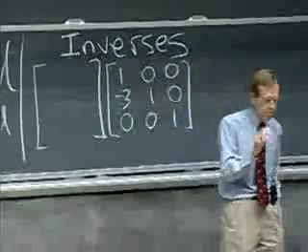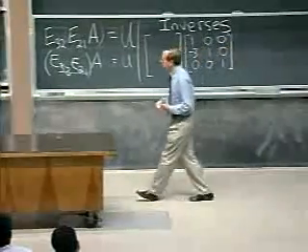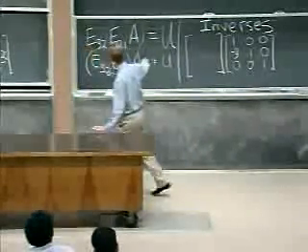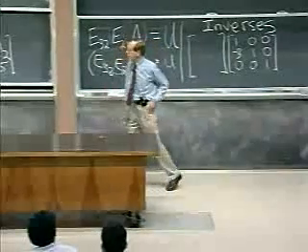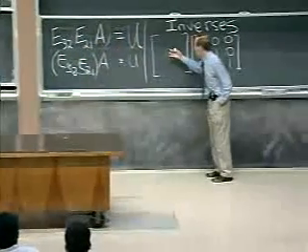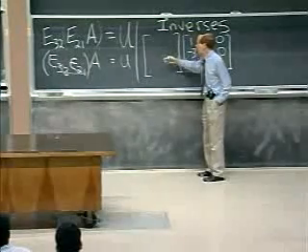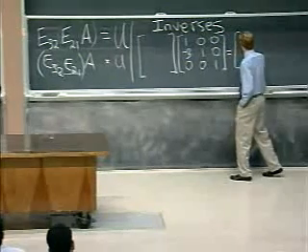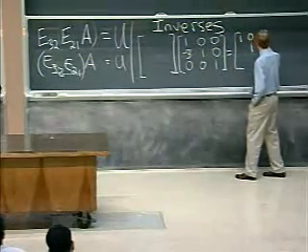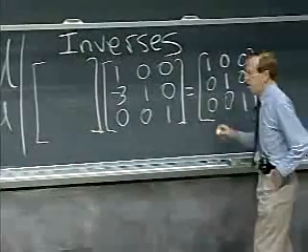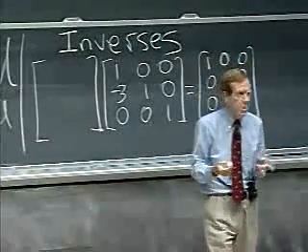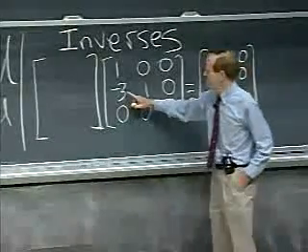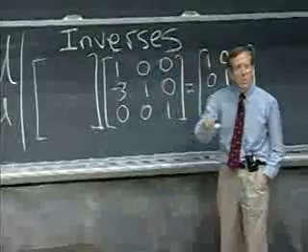What matrix will bring back, you know, if I started with a 2, 12, 2 and it changed it to a 2, 6, 2 because of this guy, I want to get back to the 2, 12, 2. I want to find the matrix which undoes elimination, the matrix which multiplies this to give the identity. And you can tell me what I should do in words first, and then we'll write down the matrix that does it. If this step subtracted 3 times row 1 from row 2, what's the inverse step?